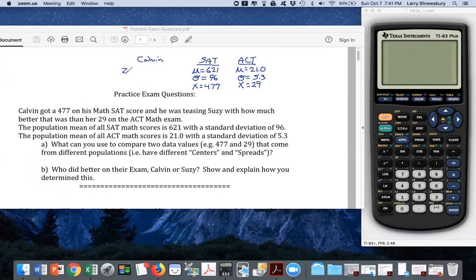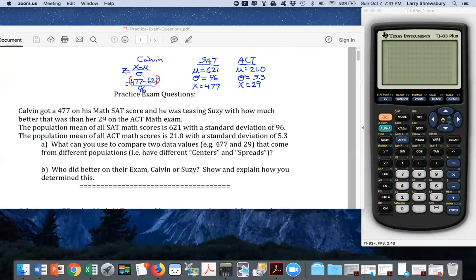The z-score formula will be on your formula sheet, so you don't have to memorize it. We'll take his score of 477, subtract the mean of 621, divide by the standard deviation of 96, and better make darn sure we remember to put the parentheses around that.